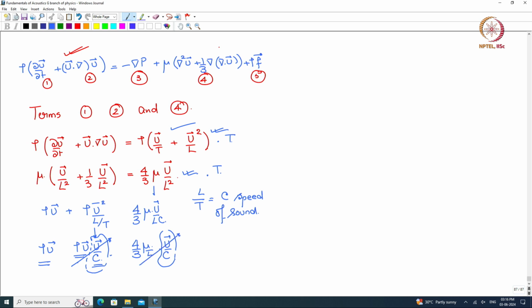So out of 1, 2 and 4, 1 is going to survive. The equation now looks like rho del u bar by del t is equal to minus del p plus rho f bar.